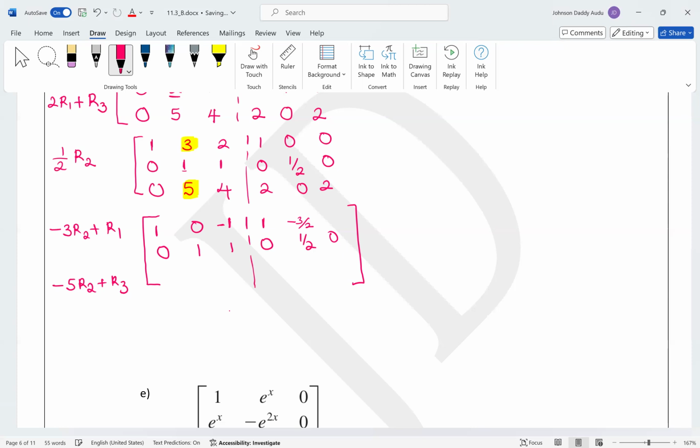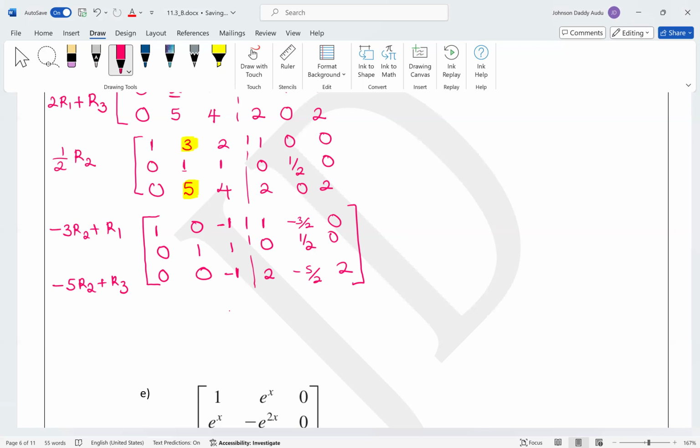And this is 0, and this is still 0. Then 5, this will be 0, this is 0, and minus 5 plus 1 is minus 1, 0 is still 2, minus 5 over 2, and this is still 2.